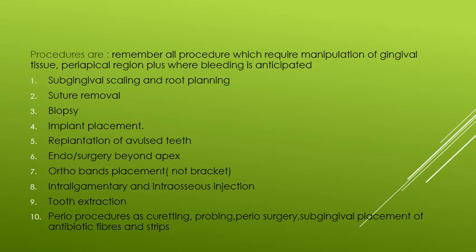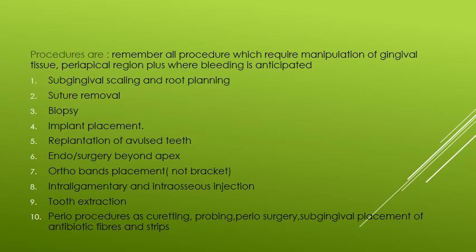An example: let's say a patient is at highest risk for infective endocarditis, and the treatment you are planning is subgingival scaling and root planing. You will choose antibiotic prophylaxis because bleeding is anticipated here, and there is manipulation of gingiva as well as the periapical region. So you have to think accordingly.